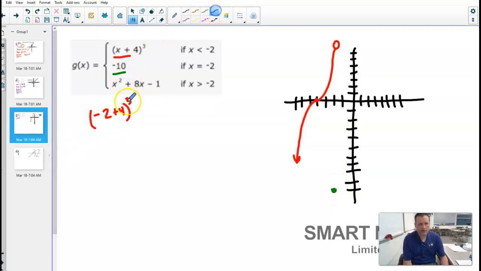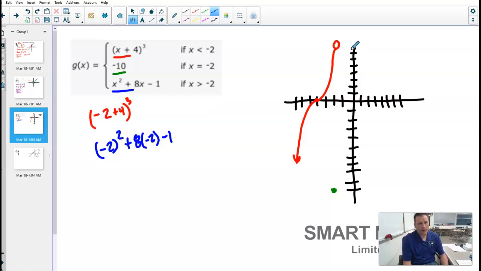And then the last one is this function right here. It's a quadratic, everything greater than -2. So I need to figure out what I get for my y value when I plug in -2. So I'm going to go -2 squared plus 8 times -2 minus 1. That just tells me where to put my point before I start sketching this.